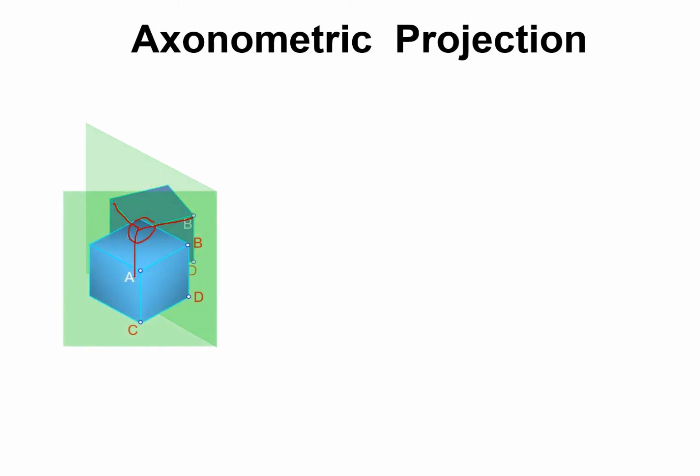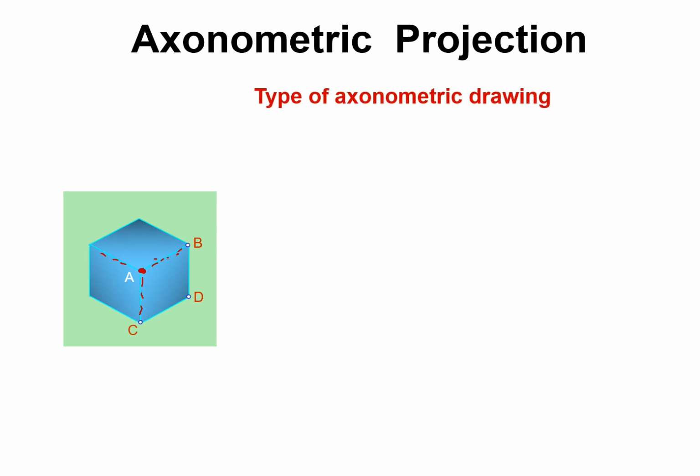Again, if we build the object such that these three axes are visible, and we look at this corner, we get a single corner because these three edges right here make a single corner.